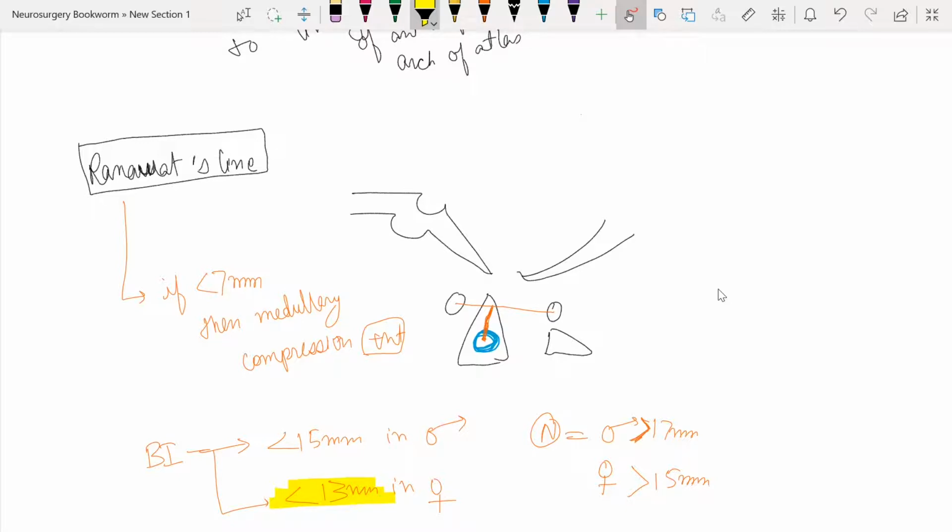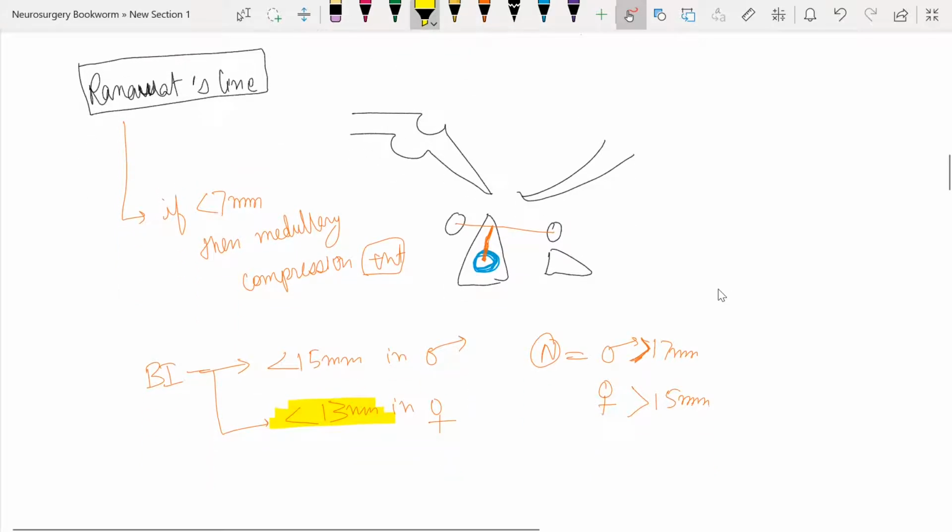Now normal for this is 17 millimeters in males and 15 millimeters in females. If it is less than 15 millimeters in males or less than 13 millimeters in females, then basilar invagination is present. If it is less than 7 millimeters, then there are chances that there is medullary compression.